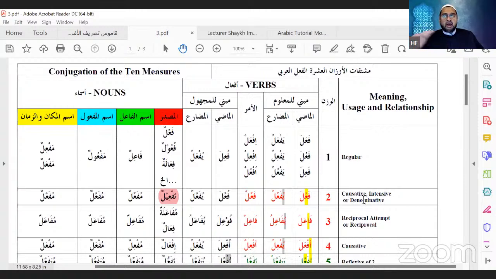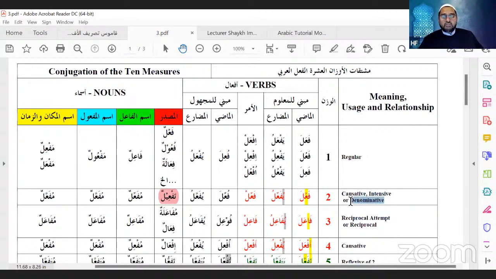They will occur according to the different words. For example, any verb on the pattern of fa'ala yufa'ilu can give the meaning of causative, that you are causing something, or it can mean intensive, that the action is quite intense, or it could come in the meaning of denominative.